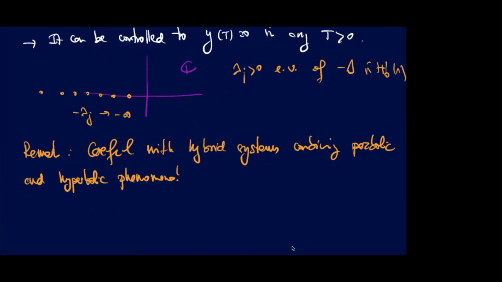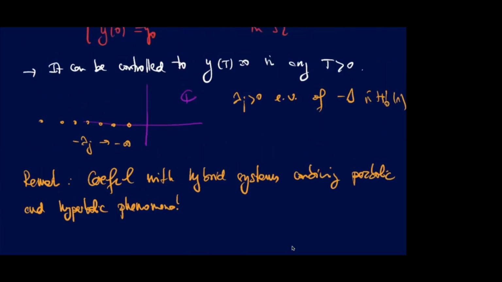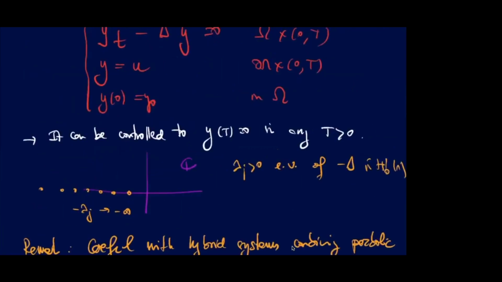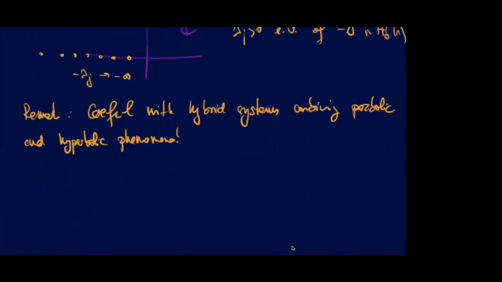And this could lead to phenomena like either requiring time to be large, like in the wave equation, or the system to be controllable in any time, right? So this is an important feature. Simply because, as we have discovered, by looking at the simplest PDE models, wave and heat equation, you see a completely different behavior at a control level.